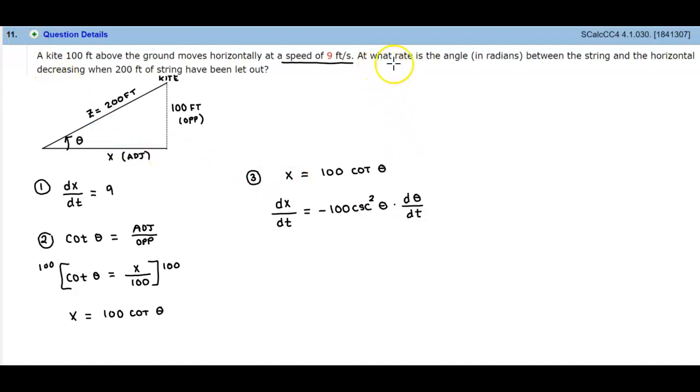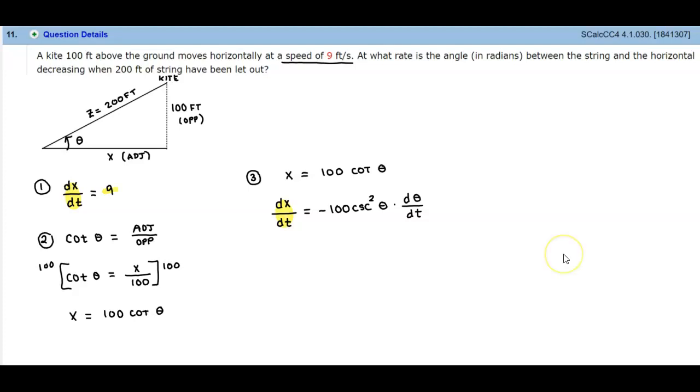Again, we're looking for at what rate is the angle in radians between the string and the horizontal decreasing. So we're looking for d theta over dt. Well, we know what dx over dt is. We already know that that represents the rate dx over dt, which is 9.